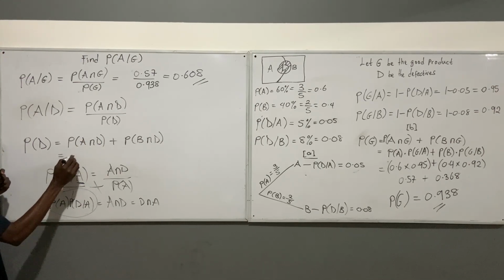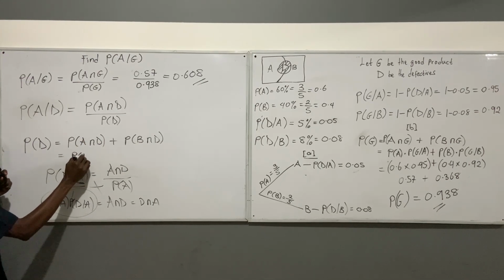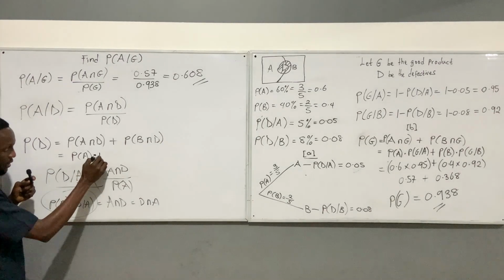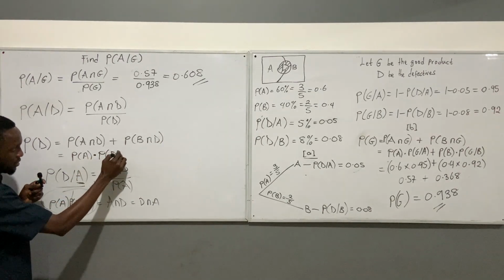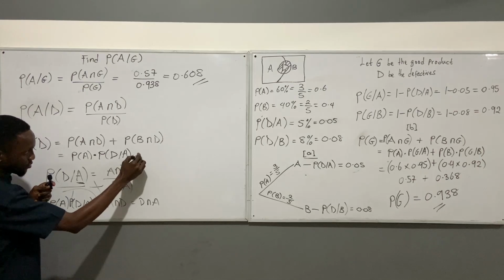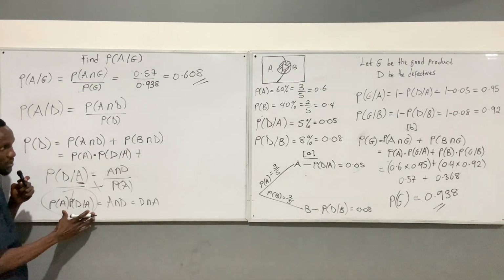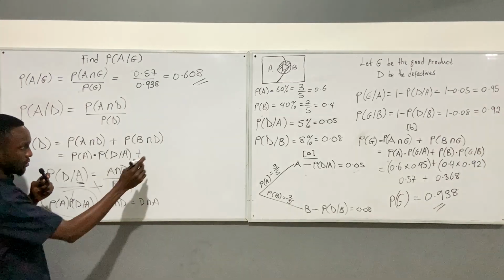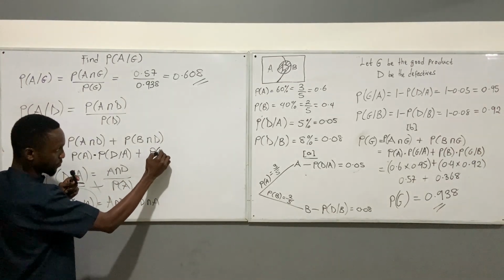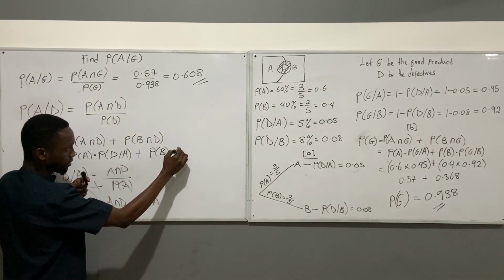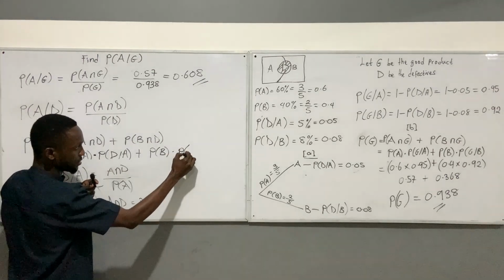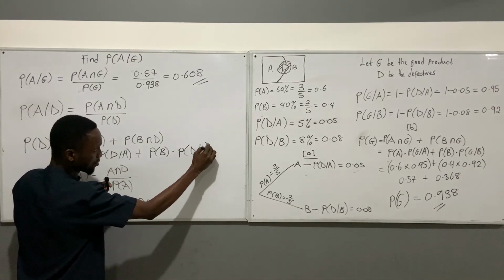So this becomes the probability of A times its conditional probability, D given A, plus, then we do the same thing for B, supplier B. So the probability of supplier B times its conditional probability, D given B has occurred.